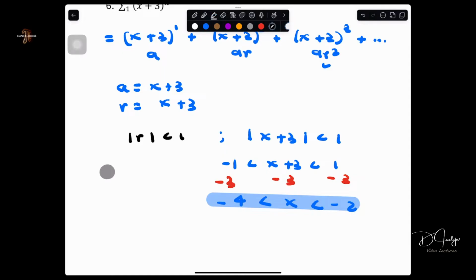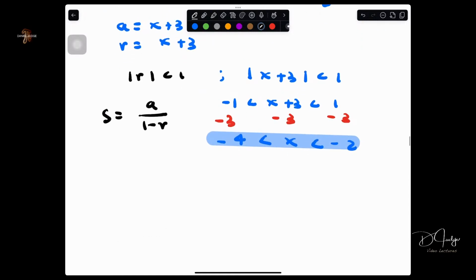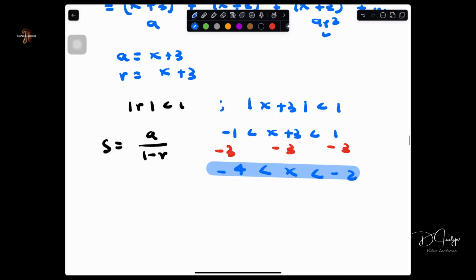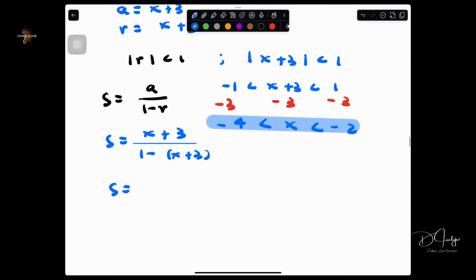Now the sum, s, has to be a over 1 minus r again. So it means our sum needs to be x plus 3 over 1 minus x plus 3. Just using a little algebra, distribute.